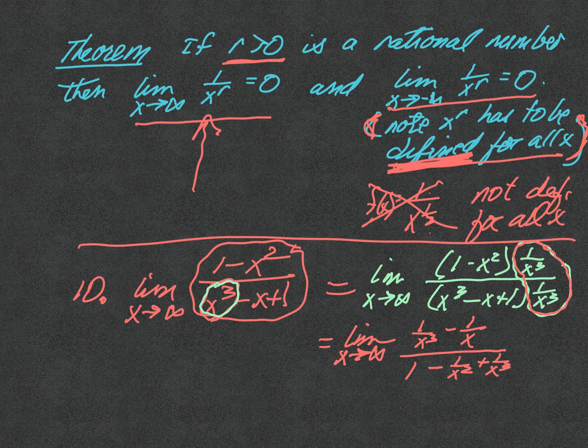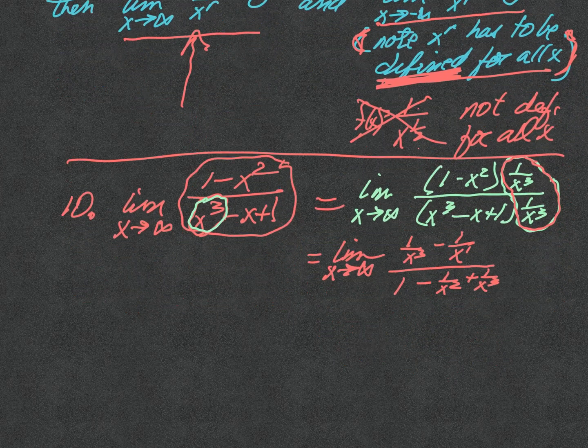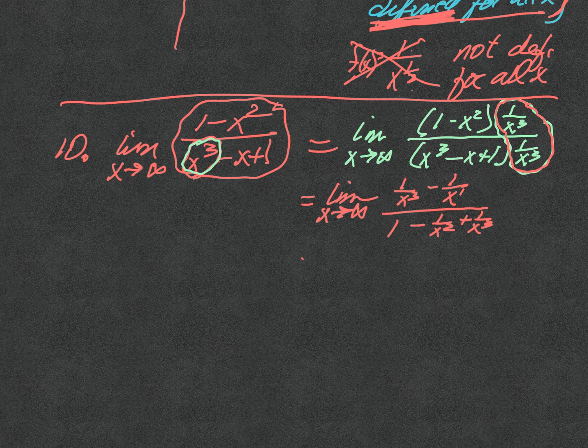So now I can take the limit as x goes to infinity. Notice that each 1 over x term has a rational exponent, and so it fits the theorem.